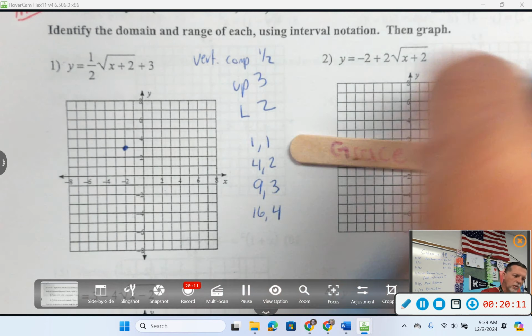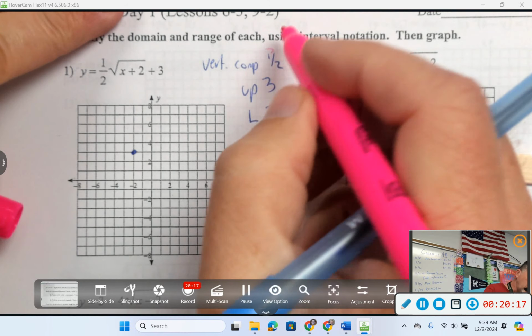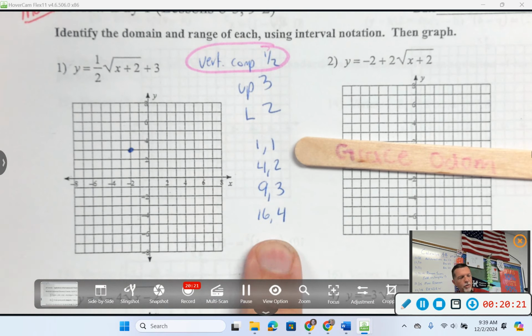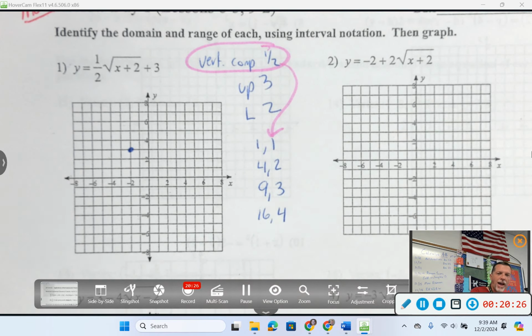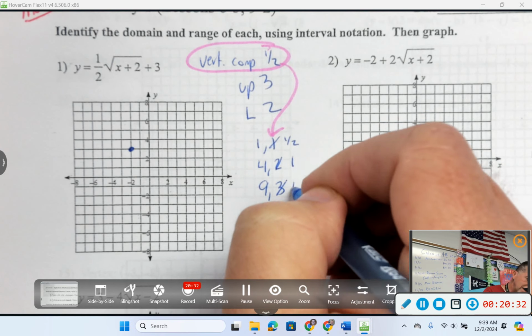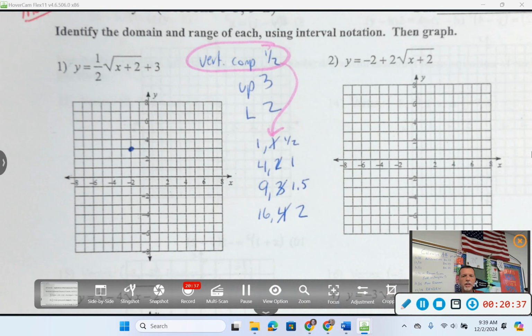Okay, there's one more thing I need to think about, Grace, before I graph this. Jeremy told us we have a vertical compression by a half, but how does that affect my ordered pairs here? Multiply the half to all the y's. Good. We'll multiply the y values by a half. That'll squish it down. So 1/2 and 1 and 1.5, and we probably won't even get out to 16.